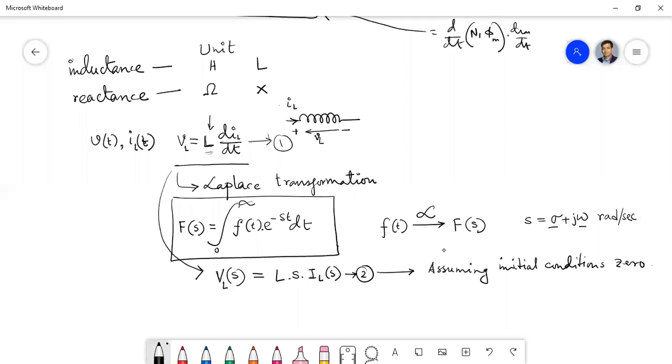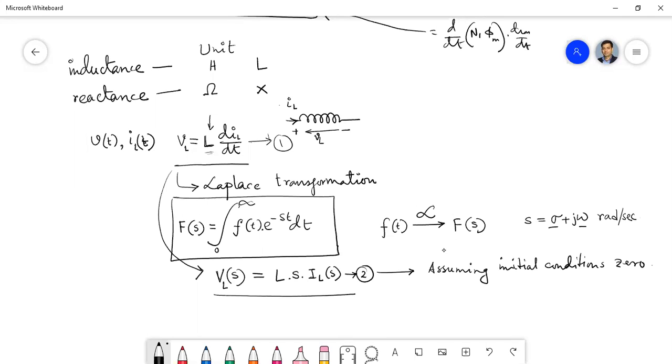So that is the advantage of Laplace transformation. Another advantage is that it converts any differential equation to an algebraic equation like this one. So this equation becomes an algebraic equation. No longer is it a differential equation.